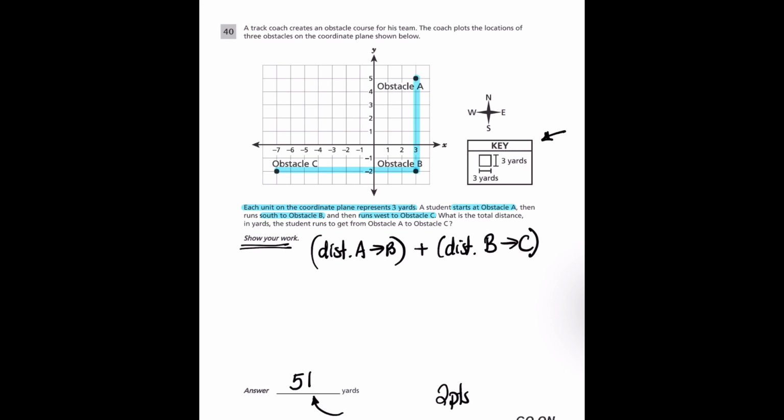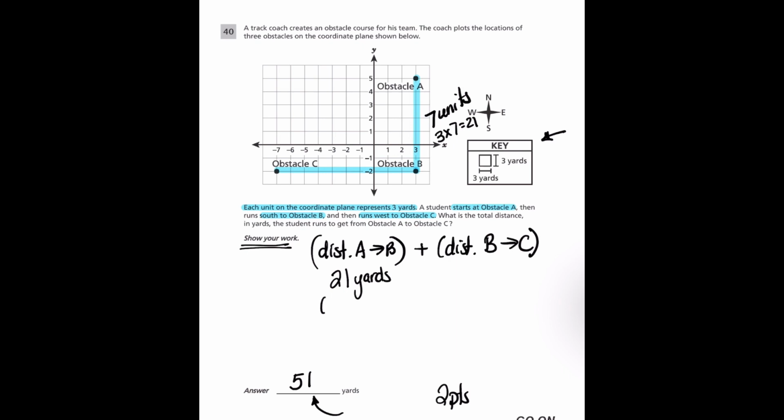All right, so from A to B, I know that these are how many units? I can see some kids just counting. They'll go 1, 2, 3, 4, 5, 6, 7. So this is 7 units. And we know that every unit is 3 yards. So I'm going to do 3 times 7 to get 21. So this is 21 yards.